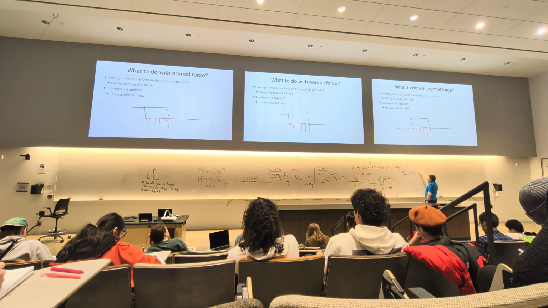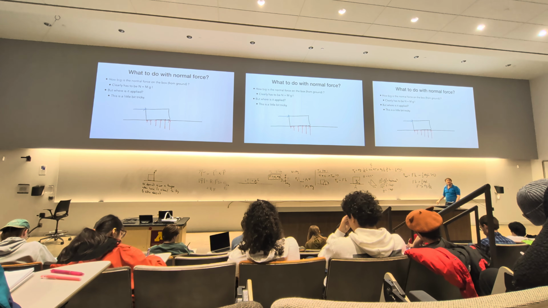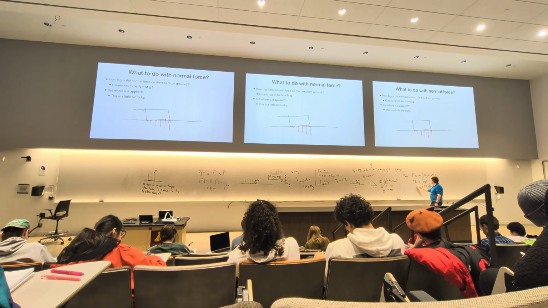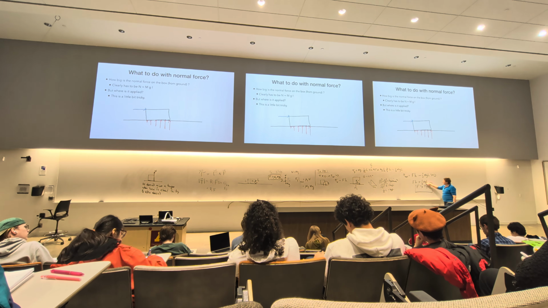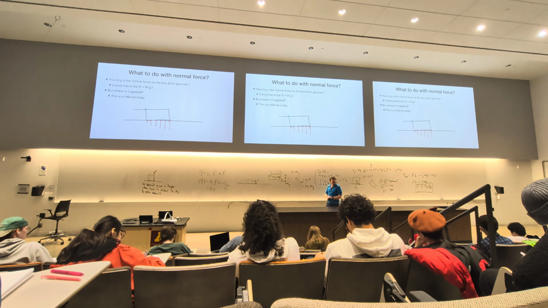So F needs to be mgl over 2h or whatever. Okay, so this is the tipping condition. I'm putting it in a box to be clear, not because you should memorize it. You shouldn't bother.